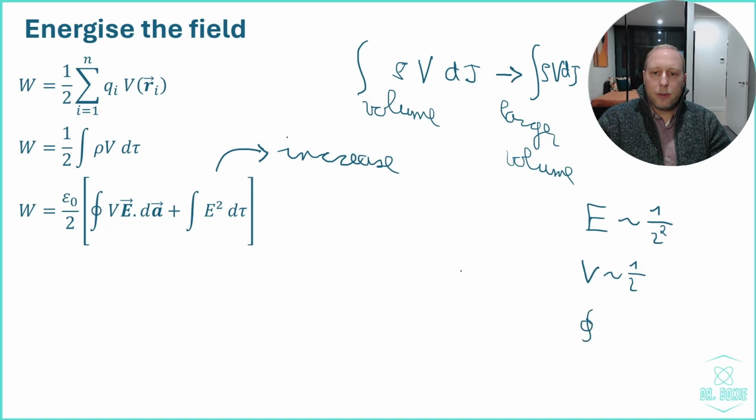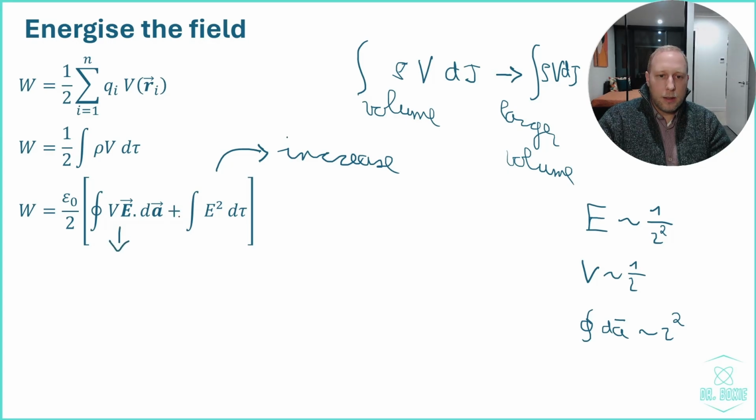While the surface area, as we increase the surface, increases as r squared. The surface of a three-dimensional shape increases quadratically with its radius. That means that, qualitatively speaking, E times V times dA decreases as 1 over r.